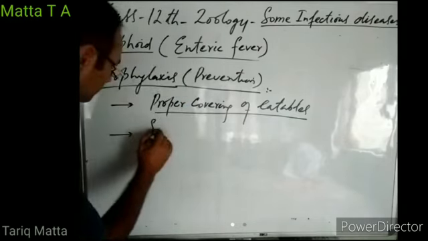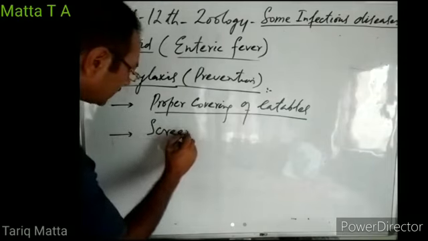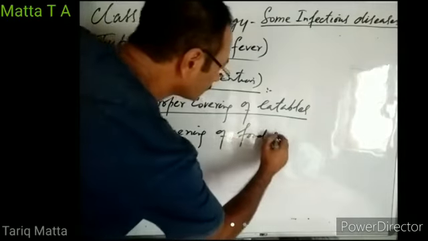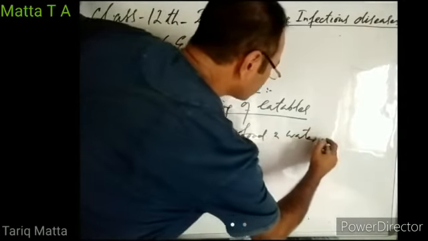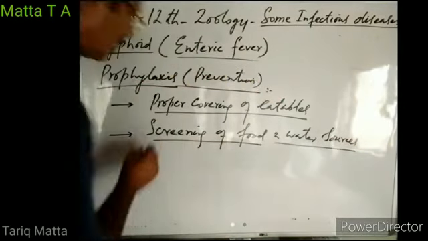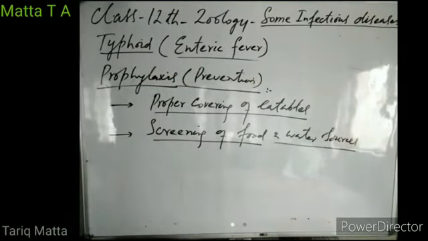Screening of food and water sources. So we should monitor where we are getting our food. Is this food prepared in a hygienic manner? Where are we getting our water from?